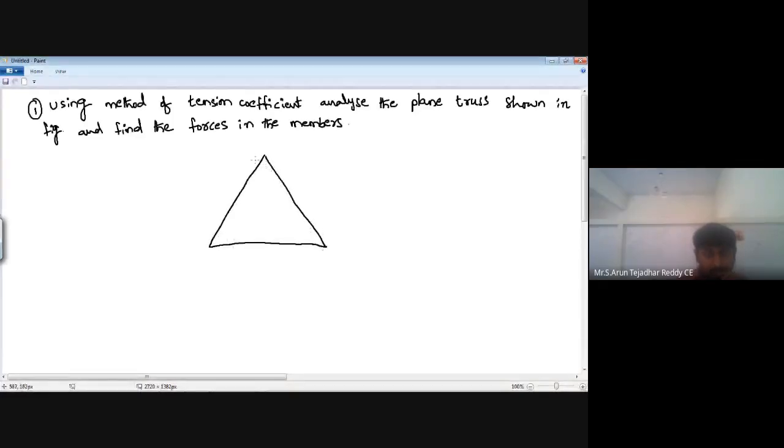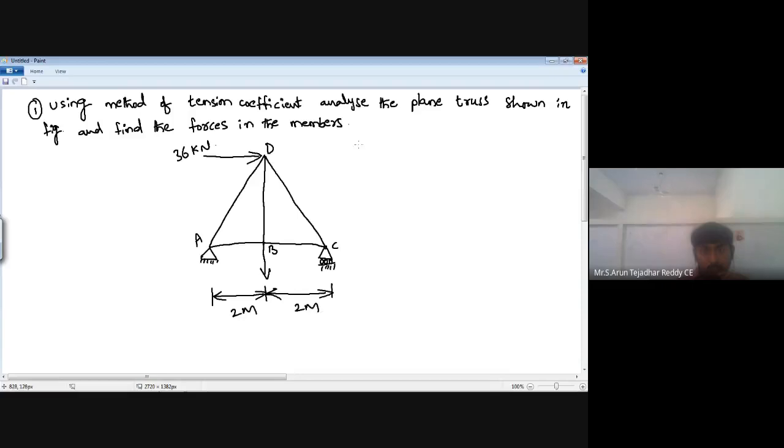So this is one type of truss. All of you draw this diagram.